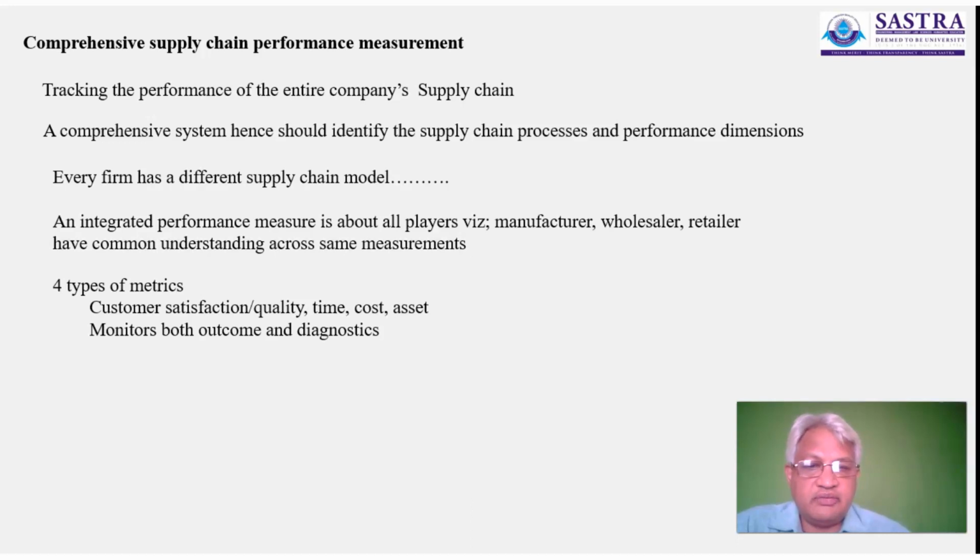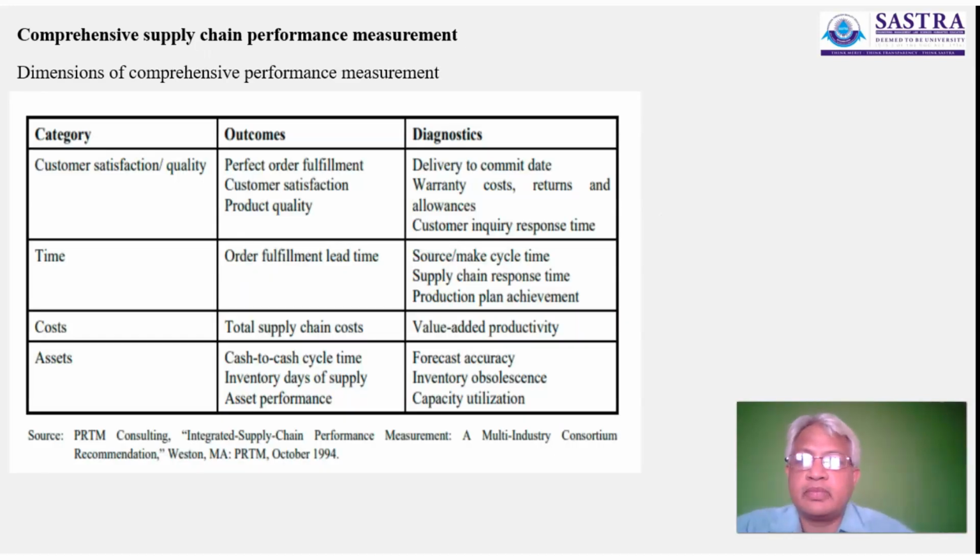We will first look into what are those outcomes and diagnostics for each of these different metrics, followed by a description of what each of these elements or metrics, like time, cost, assets, mean. So let us look at the metric customer satisfaction and quality. Well, the outcome in this metric will be fulfillment of what we call a perfect order.